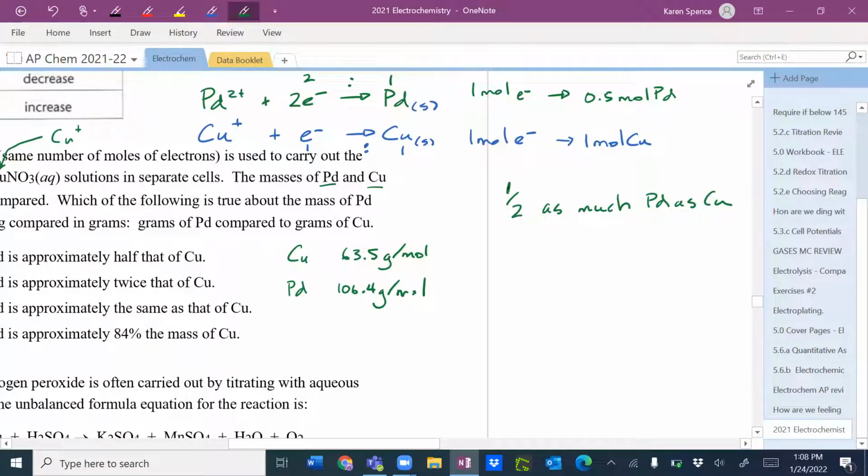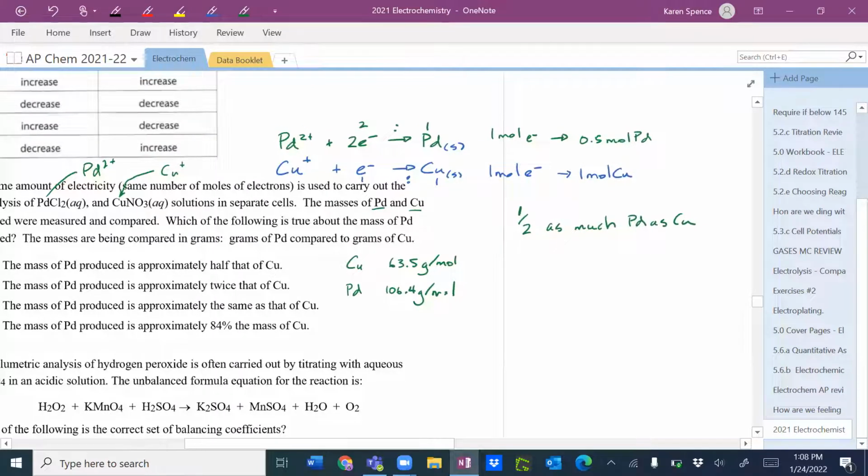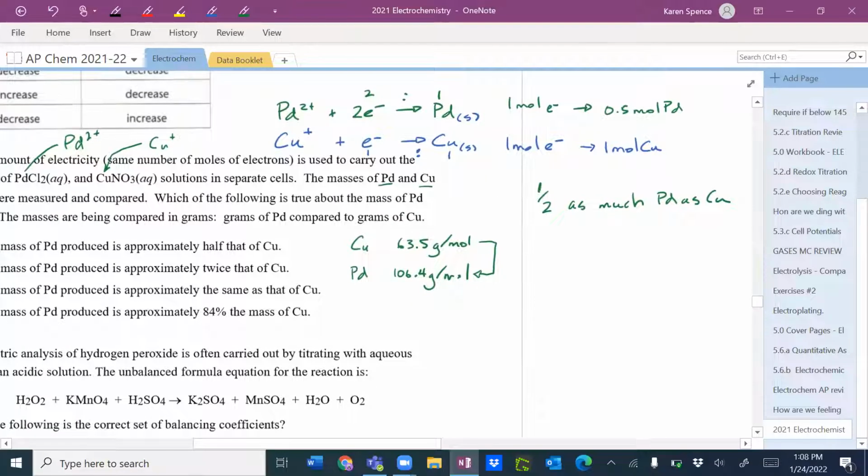And copper is more than half the molar mass of palladium. So it's not going to be a nice half or twice as much or even the same. Even without rummaging through my brain and figuring out which one's bigger and which one's smaller, I can immediately eliminate these ones because they're not tidy.